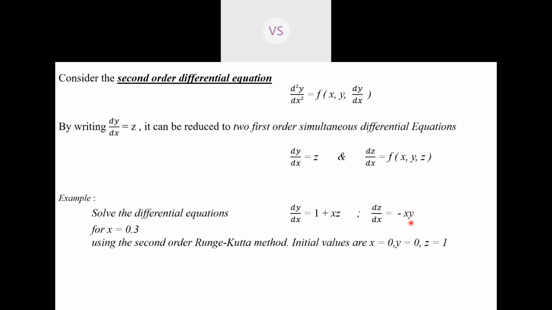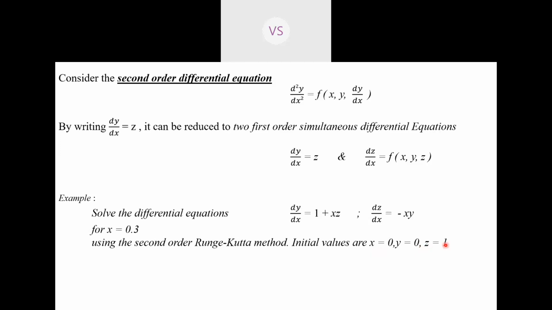In these two functions you have to solve these two ordinary differential equations. They are called two ordinary differential equations. Now the increment in x is given as 0.3, and the initial conditions are given as at x is equal to 0, y is equal to 0, and at x is equal to 0, z is equal to 1.